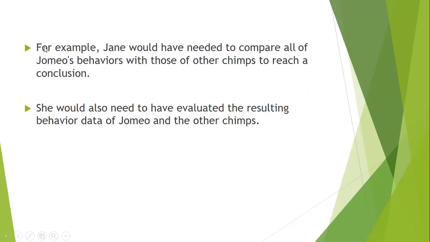So, for example, Jane would have needed to compare all of Jumio's behavior and the other chimps' behavior to reach a conclusion. She would also need to evaluate the resulting behavior data, and according to the comparison she got a conclusion about their behavior.